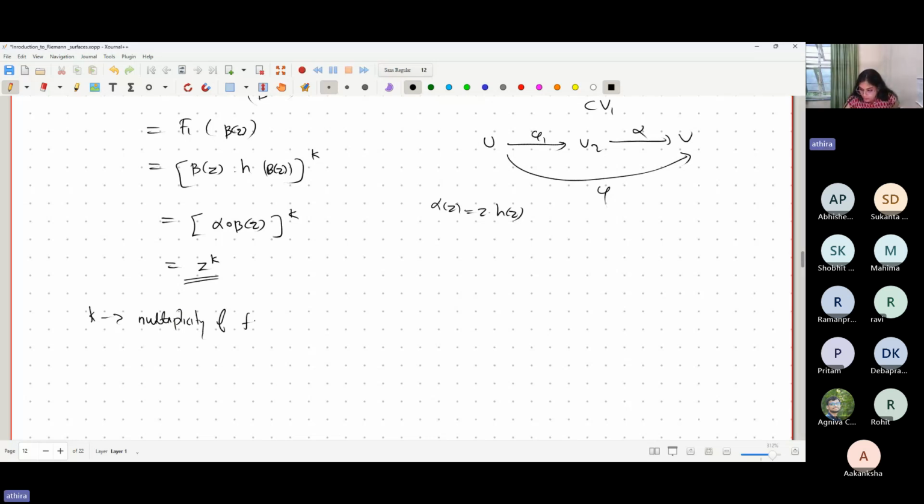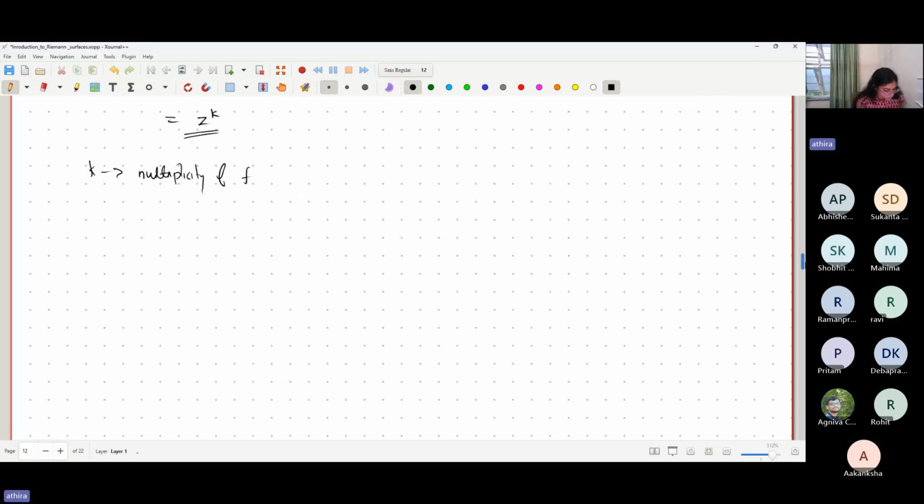I will explain what multiplicity is. Multiplicity of a holomorphic map. F from X to Y is a holomorphic map, and let A belong to X, P equal to F of A.